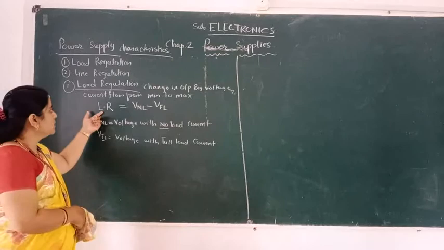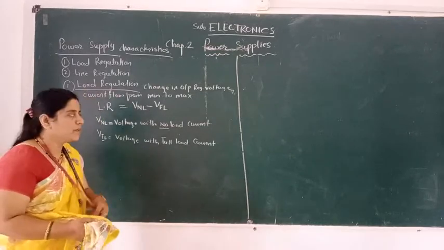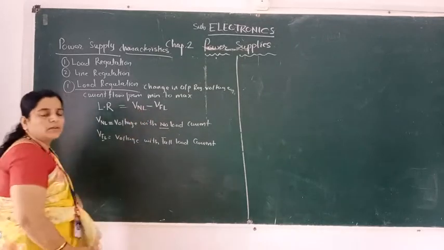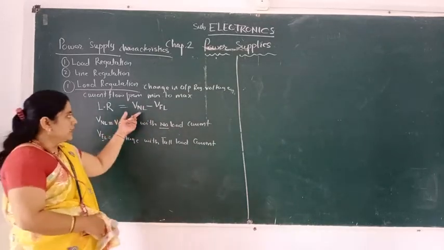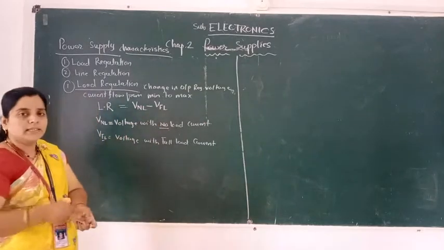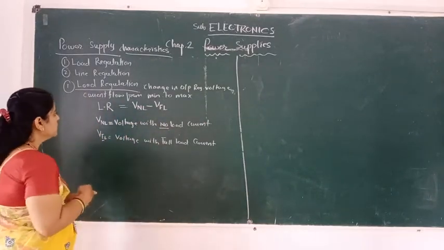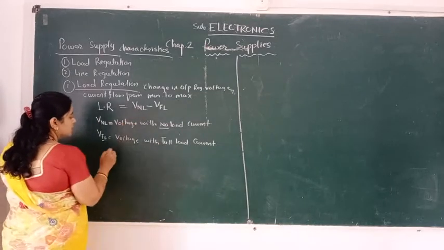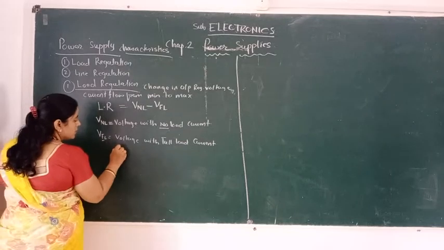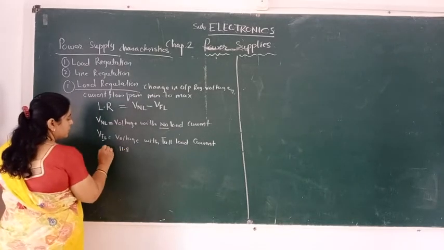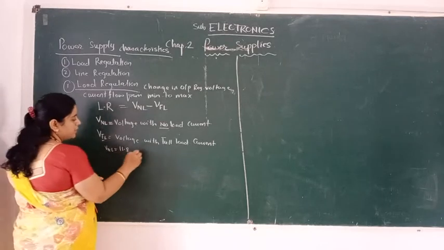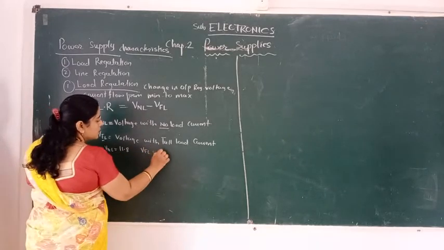LR, the load regulation, is equal to VNL minus VFL. VNL is the voltage with no load current and VFL is the voltage with full load current. Suppose VNL is given as 11.8 and VFL is 12 volt.